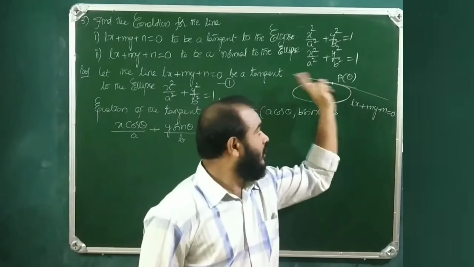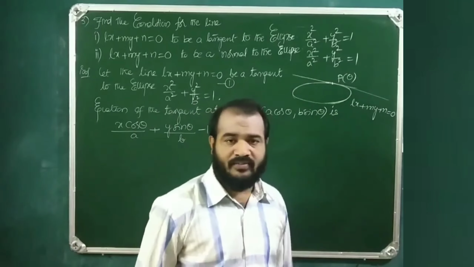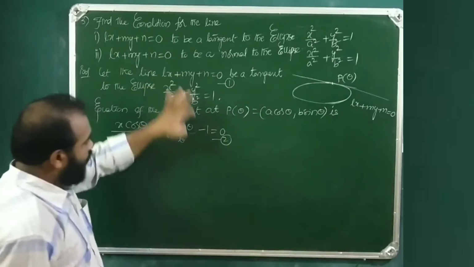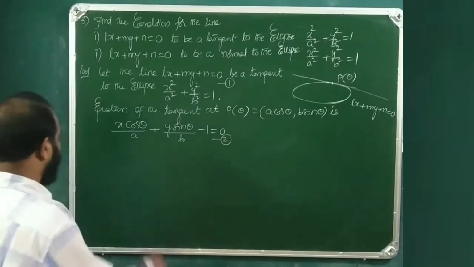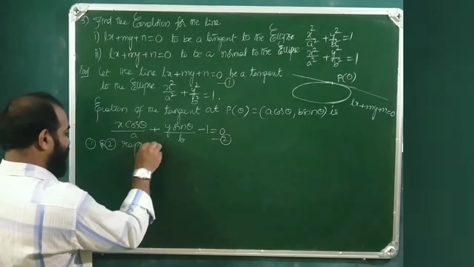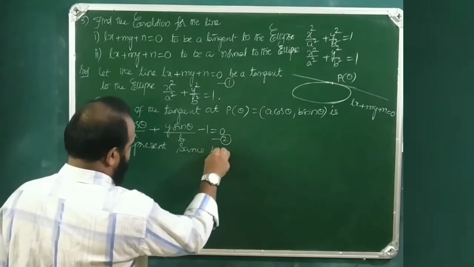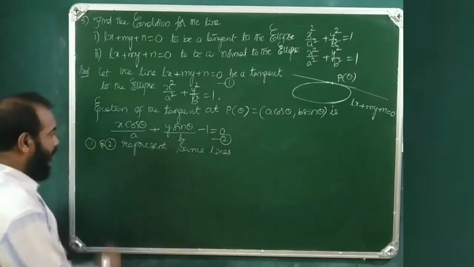This tangent. But according to the question, the same line represents Lx plus my plus n equals to 0. So both these lines represent the same line. 1 and 2 represent same lines.